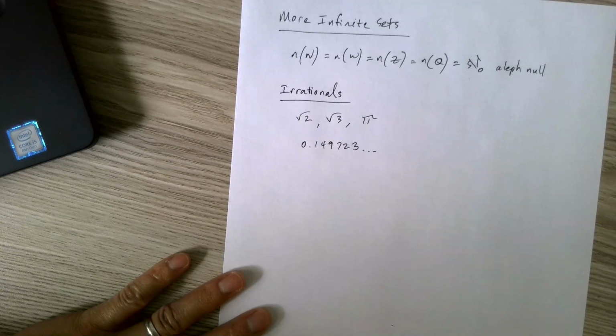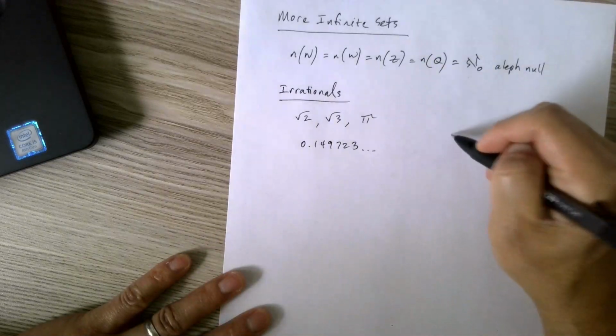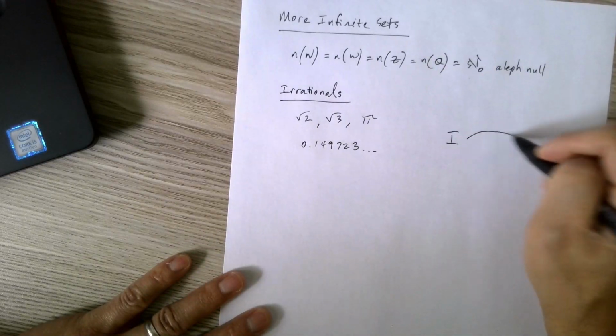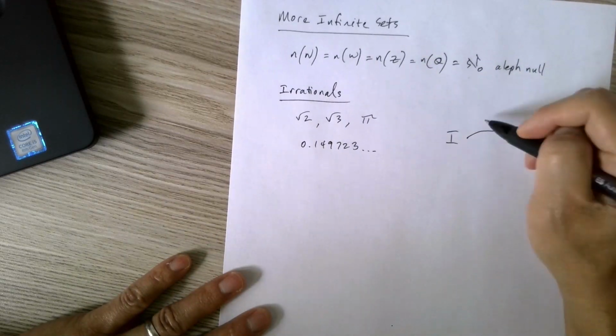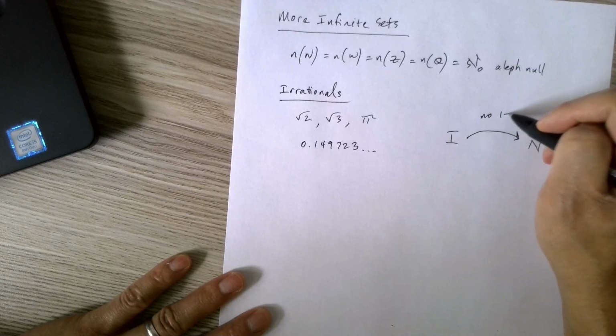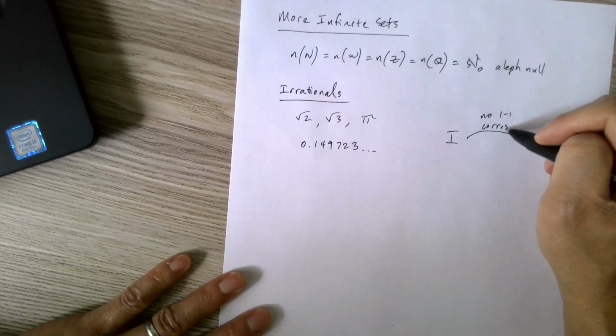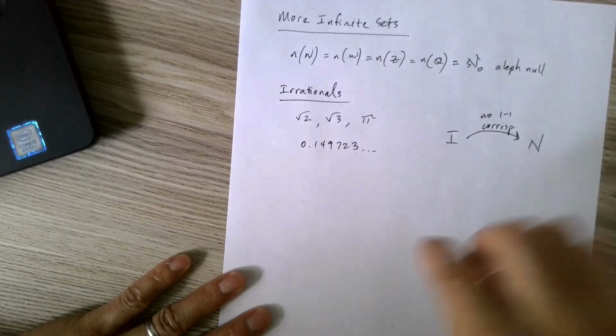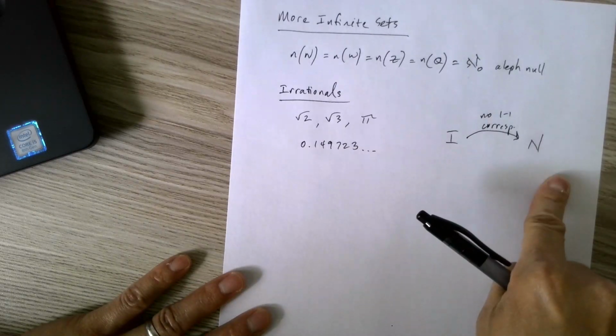So I'm going to try to prove that you cannot put irrationals into one-to-one correspondence with the naturals. I'm claiming that irrationals don't have one-to-one correspondence with naturals.